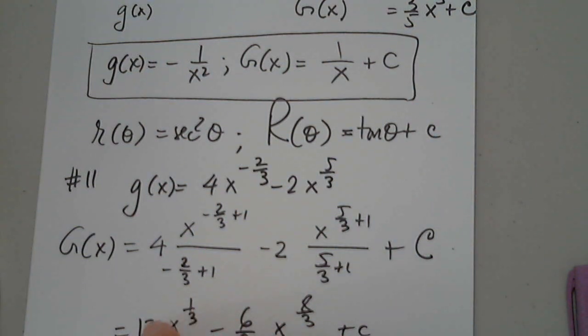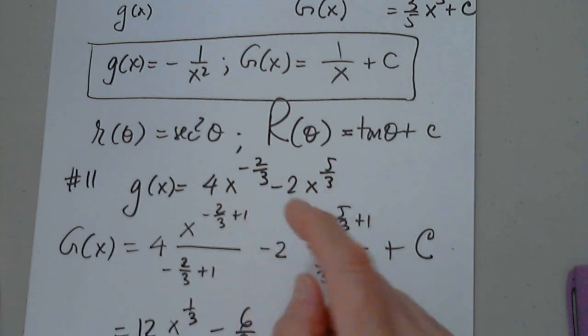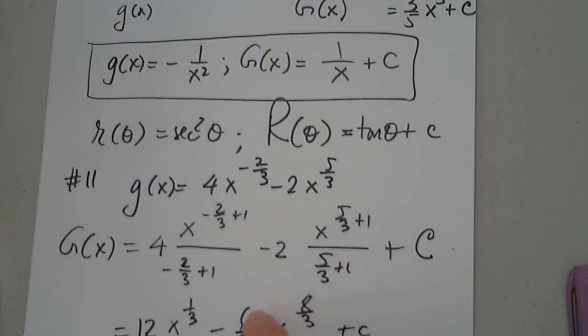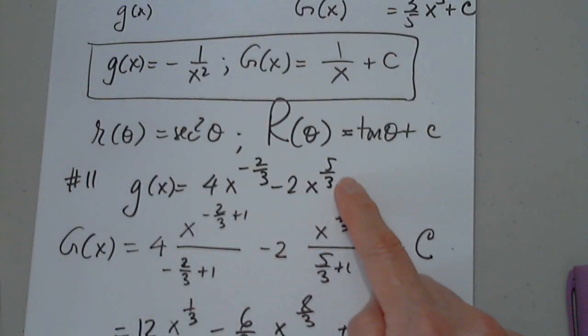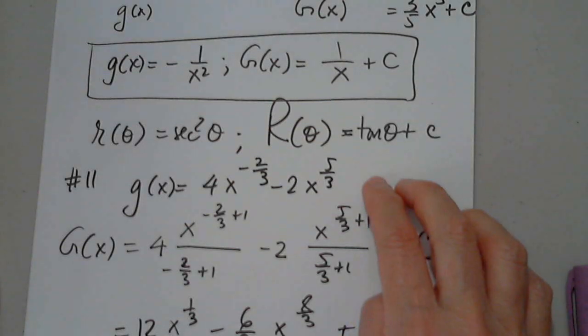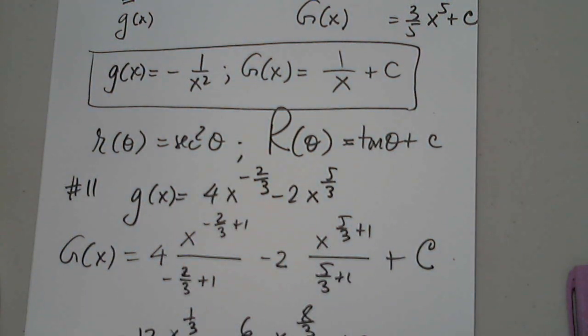So I bring down 1/3, I get the 4, and I subtract 1 from the power, and I get negative 2/3. Right? I bring 8/3 here, so I get the 2. And then from 8/3, I subtract 1, and I get 5/3. I differentiate C, and I get 0. So again, we're not asked to differentiate.